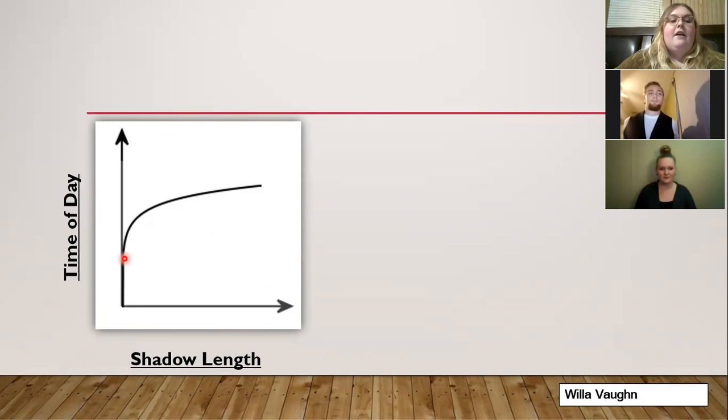And then as the sun rises and the time of day gets greater, the shadow length is going to rise as well because the shadow is going to be much bigger than the actual flagpole, because the flagpole is going to be closer to the actual source of light. So you can see through the day, in that animation, the sun is rising, so the shadow length is going to rise as well with it.